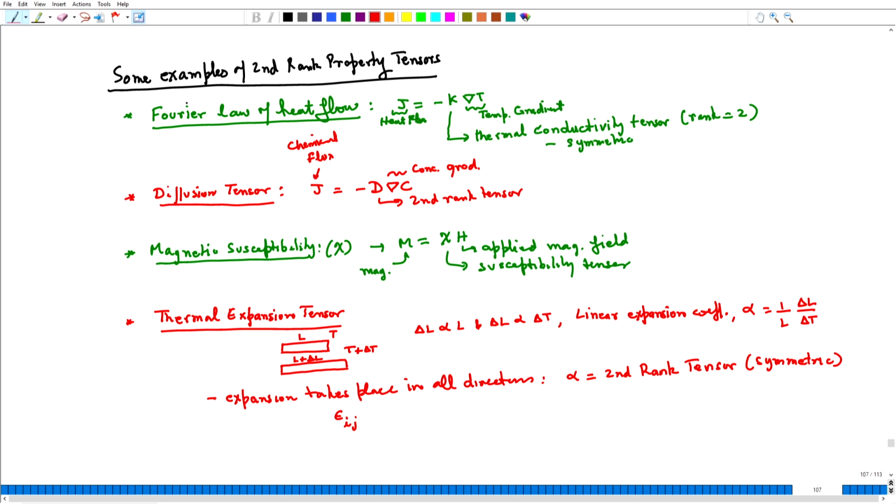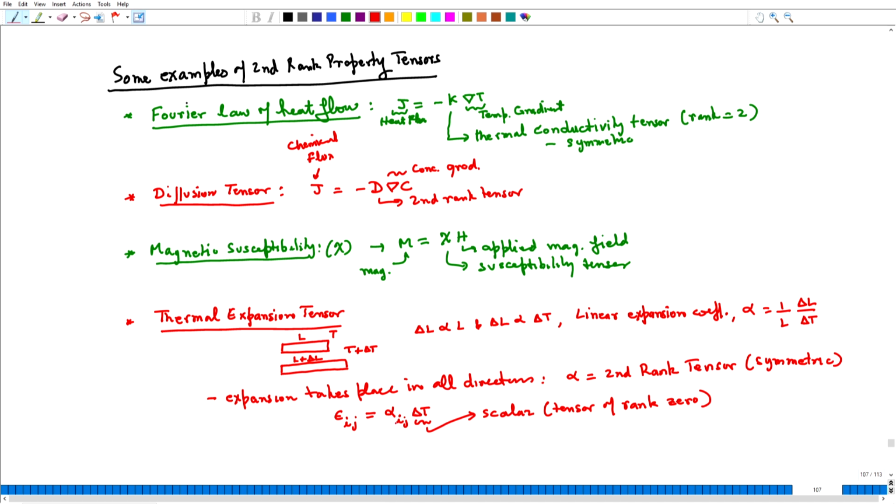So, epsilon ij equals alpha ij delta T. Now, in this case, delta T is not a vector, it is a scalar, or you can call it a tensor of rank 0.